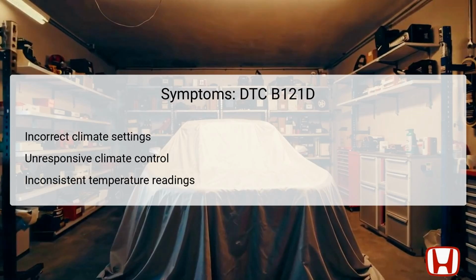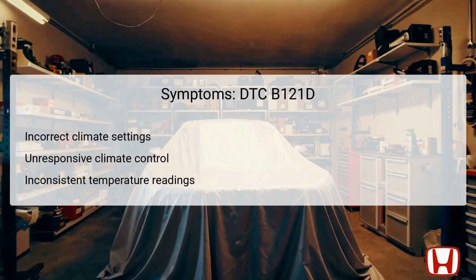Experiencing symptoms of DTC B121D can greatly impact the driving experience. Drivers may notice incorrect climate settings within the vehicle, where the climate control unit fails to adjust temperature settings based on the humidity and temperature data provided by the sensor.